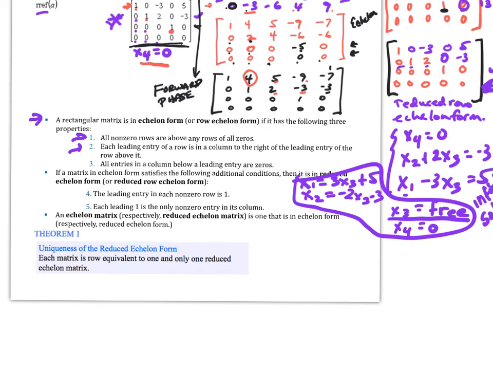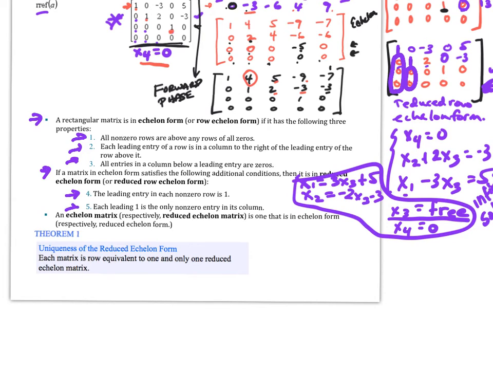So that means that I have this 1 here, and my next row is going to have the 1 that's 1 over. And it doesn't necessarily need to be a 1 if it's echelon form. The third property: all entries in a column below a leading entry are zeros. So here, below the leading entry, I have all zeros, and so on. And then if we want reduced row echelon form, then the leading entry of each row is going to be a 1.